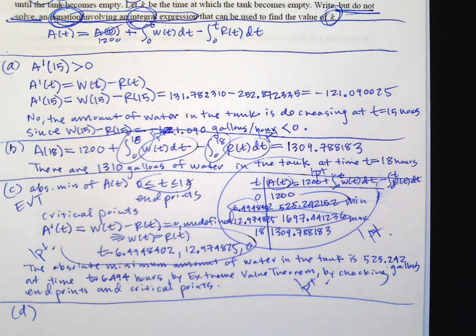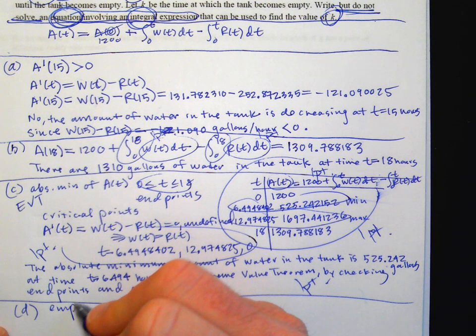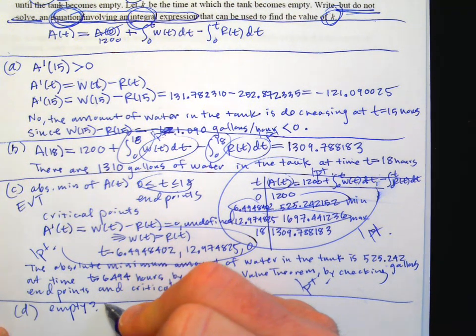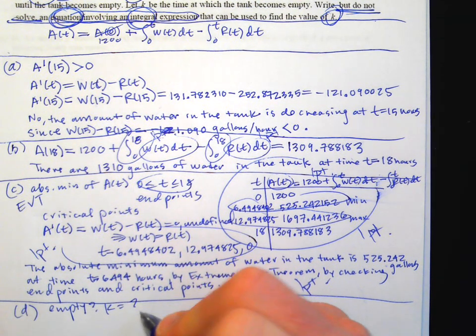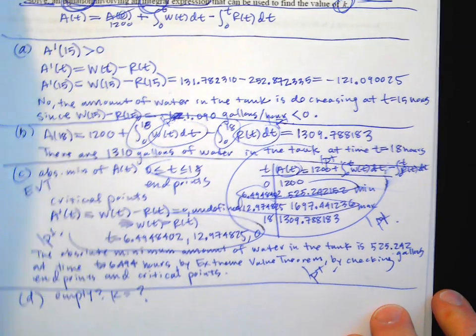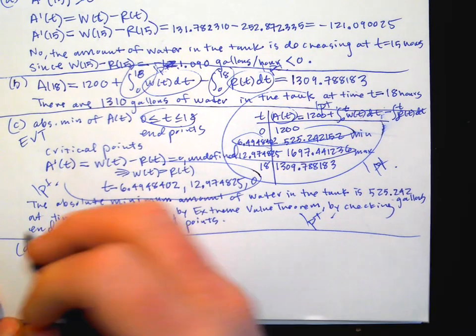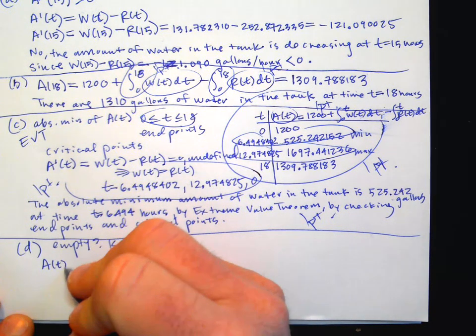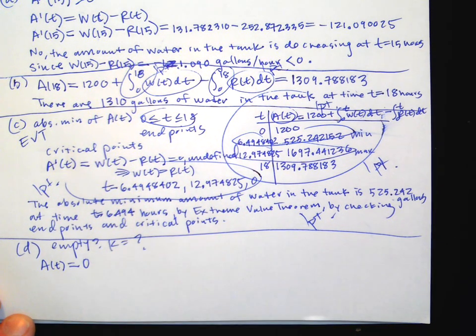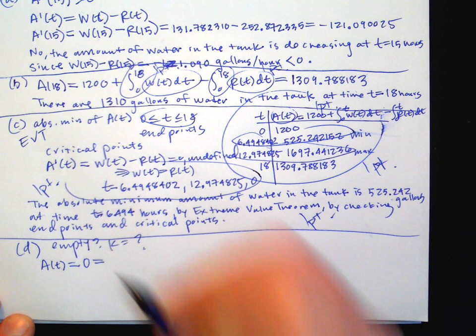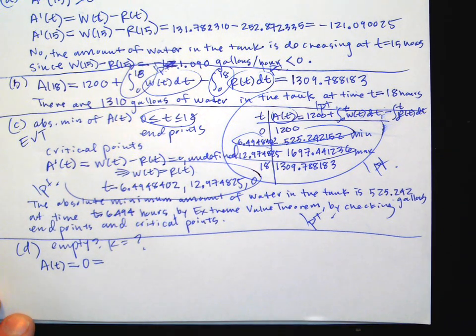So let's see. We're trying to figure out when is the tank empty. And we're going to call that K. That's when the amount in the tank is 0, right? Equals. Now, there's different ways to set this up.